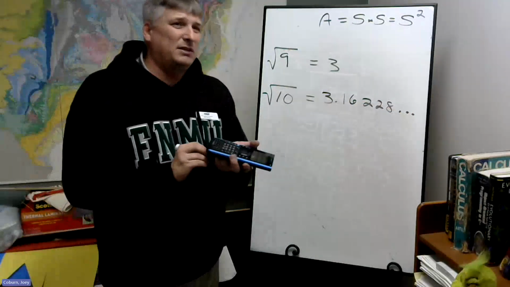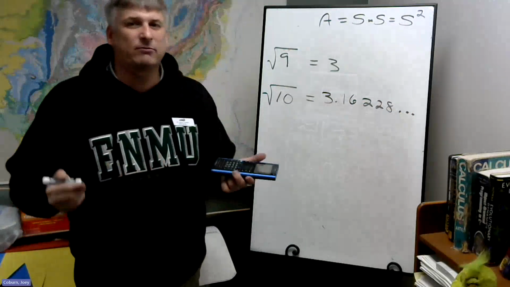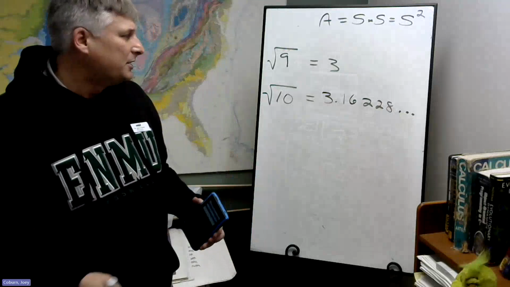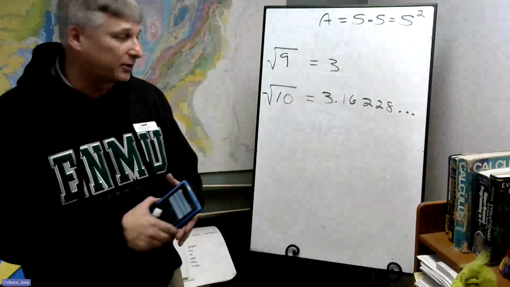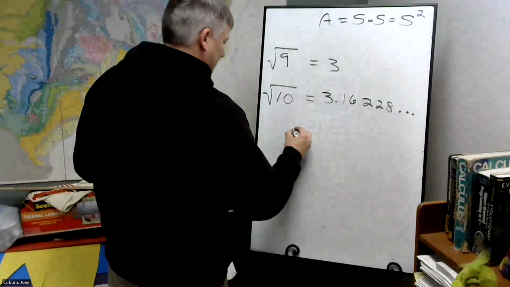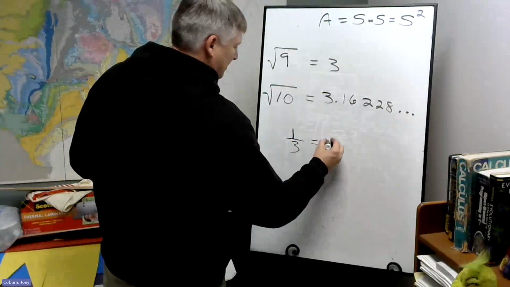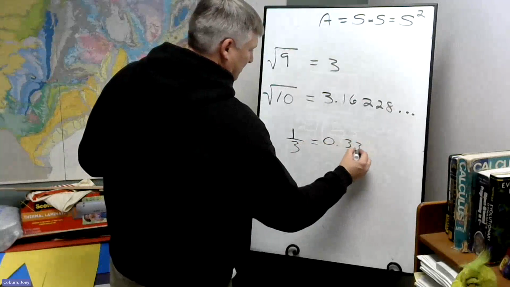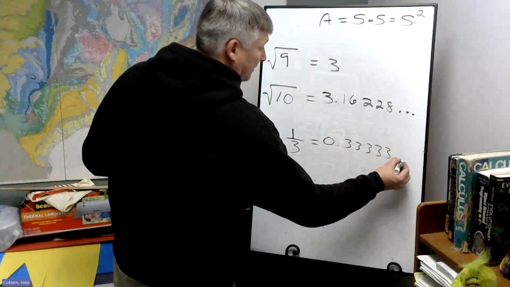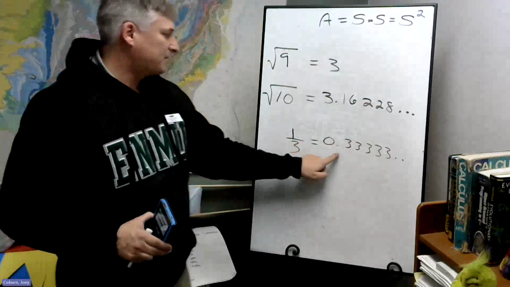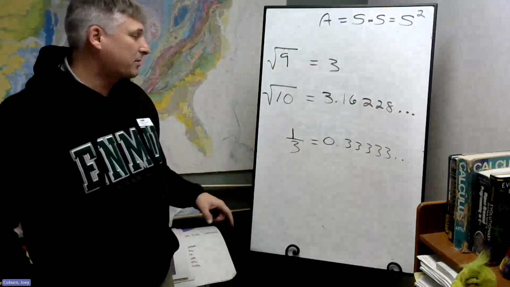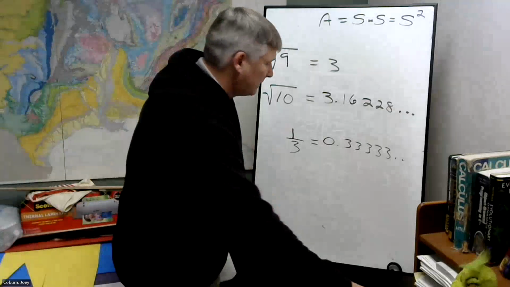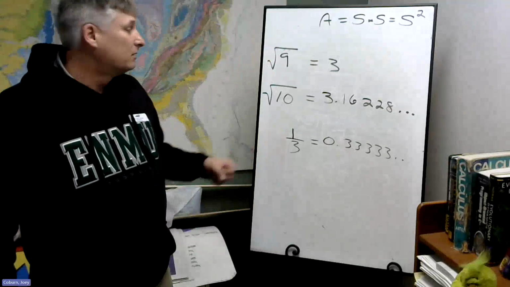Now, irrational means really a number that we can't represent as a fraction. You'll get numbers that have infinitely many digits behind them, like say 1/3. 1 divided by 3 is 0.33333 forever and ever. But this forever and ever of threes we can represent as 1 divided by 3, or 1/3. And this is a fraction.